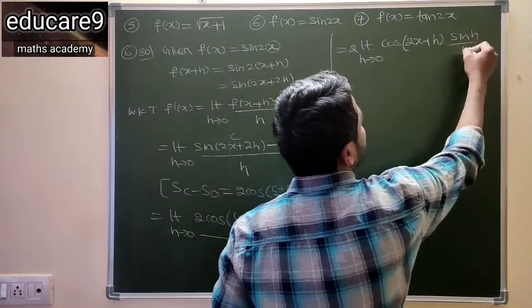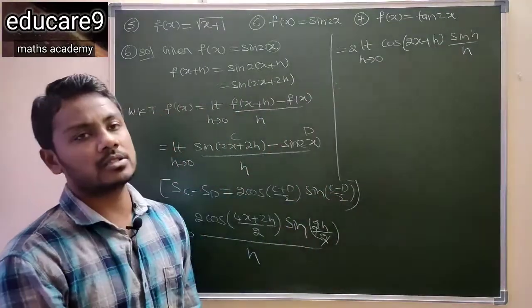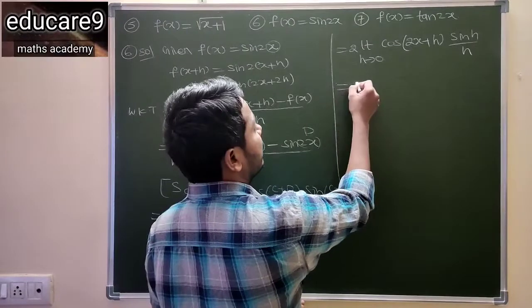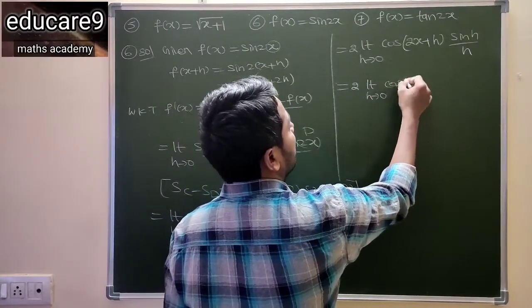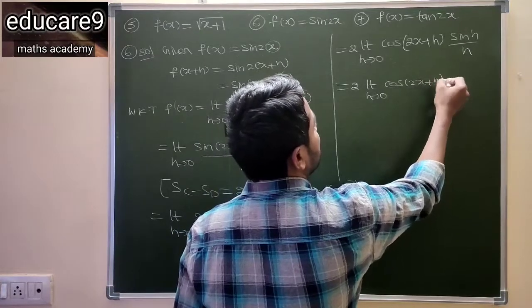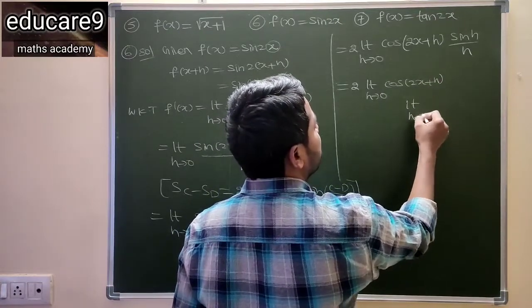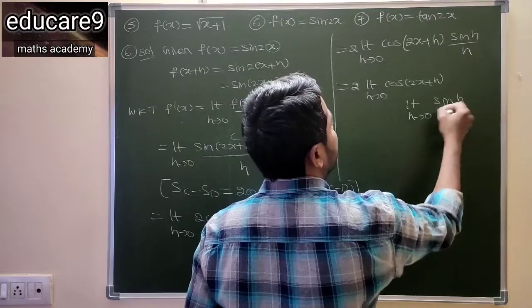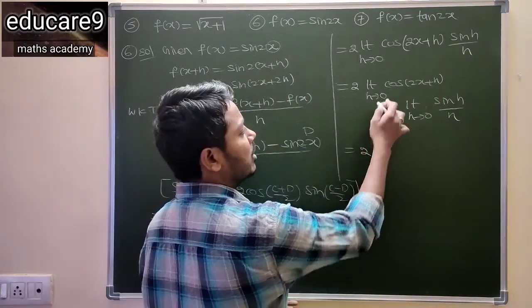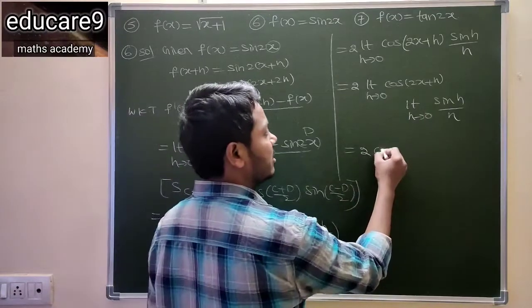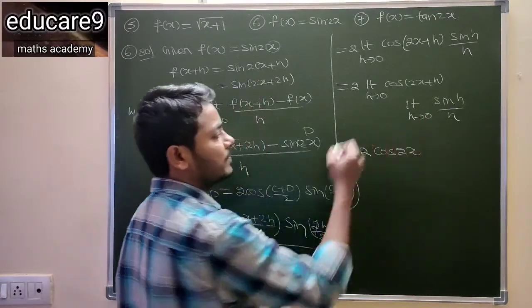Sin h by h, and apply the limit first, separately. You will get 2 into limit x tends to 0 cos 2x plus h into limit x tends to 0 sin h by h. So this is equal to 2 into, apply the limit value, you will get cos 2x.